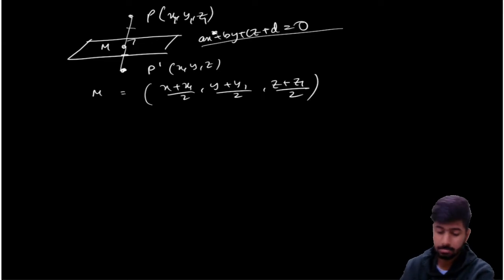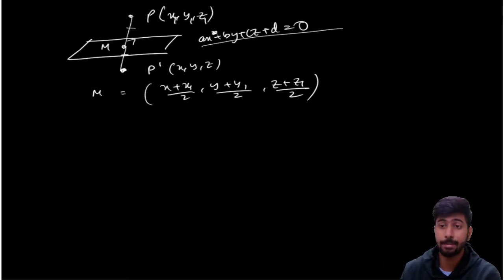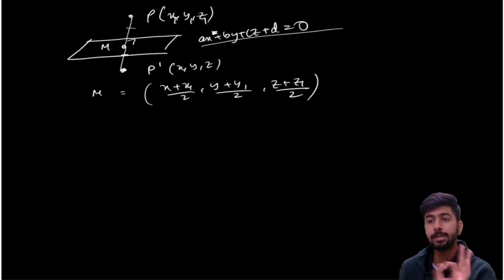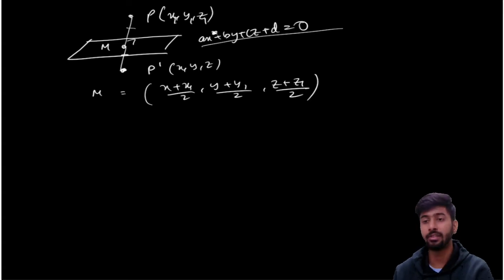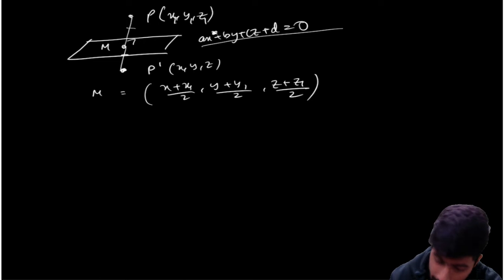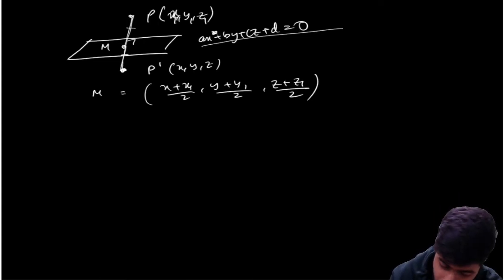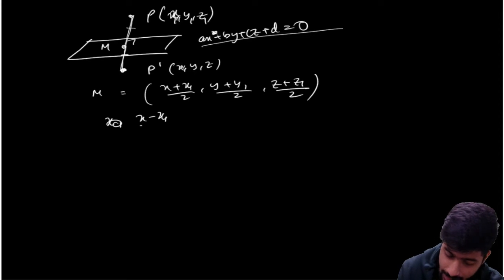So this alone cannot help you find out the coordinates of the point P dash, because x, y, z is essentially what you have to find out separately, right? So to find out the coordinates separately, it's always better to do it in the symmetric form, right? So what I'll do is, I'll write the symmetric form of this line. So there are 2 points, x1 and x, on this. So essentially x minus x1 by a.